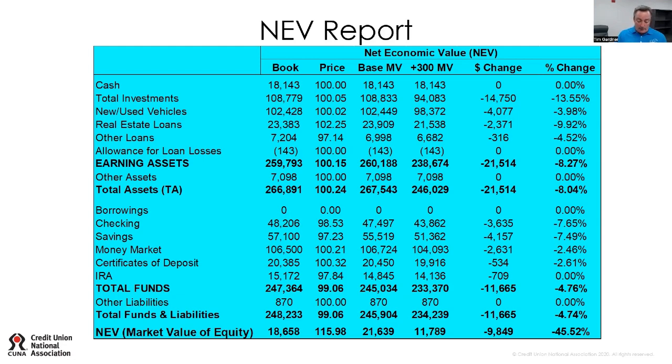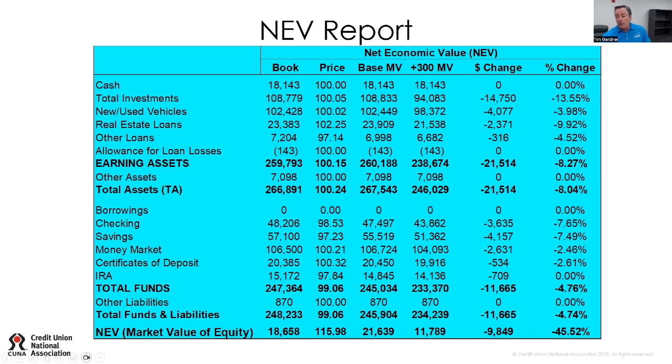So they might not necessarily require me to increase my rates at all on shares and share drafts. Money markets and CDs, I would have to increase, but I can hold down what I'm paying on my cost of funds as the external interest rates rise. And so that creates value. There's more value in borrowing from the members because they aren't going to require me to increase all the rates to whatever the market rates are.